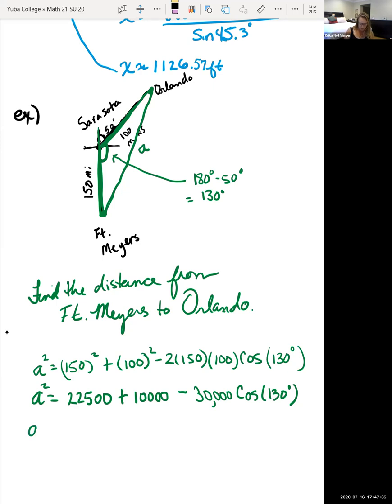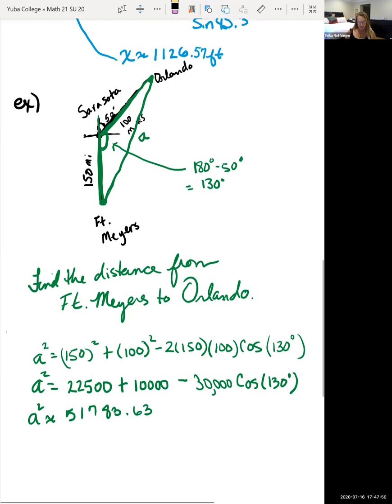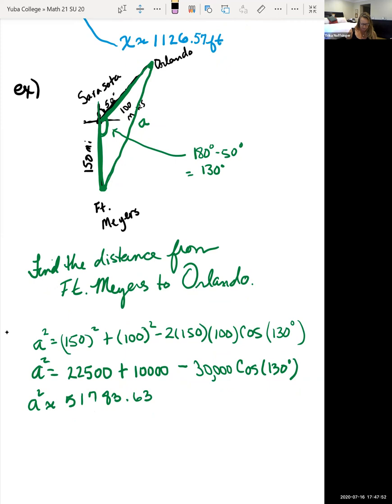So I get A squared is approximately 51,783.63. But I don't want A squared, I want A, so take the square root of both sides. I'm not going to round it in my calculator, I already have the answer, so I'm just going to take the square root of my answer.